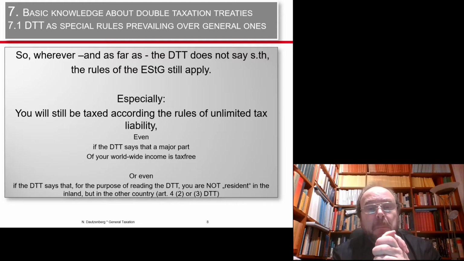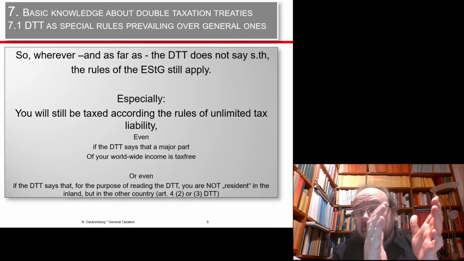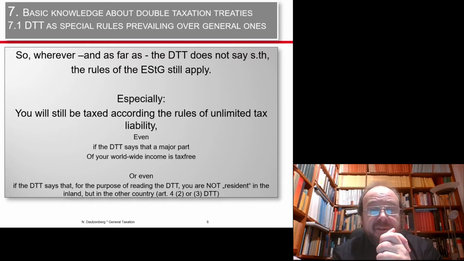Okay. And let's redo the whole calculation. You are taxed on the grounds of 10,000, based on a worldwide income of 5 million minus the special expenses. It still leads to a rather high rate, but congratulations, here the rules of unlimited tax liability really did you something good.